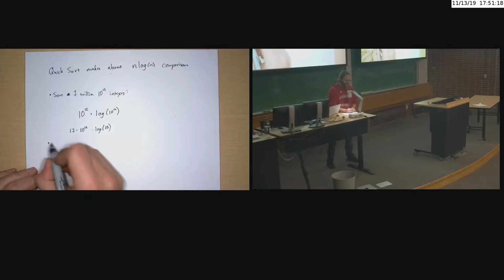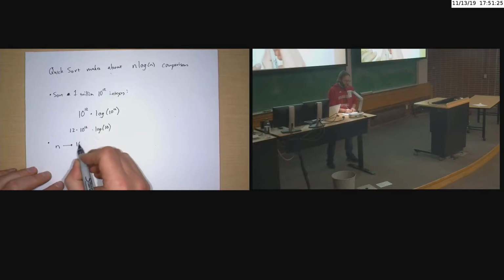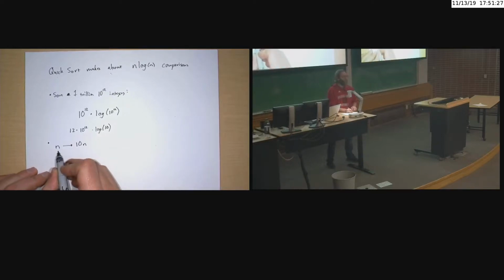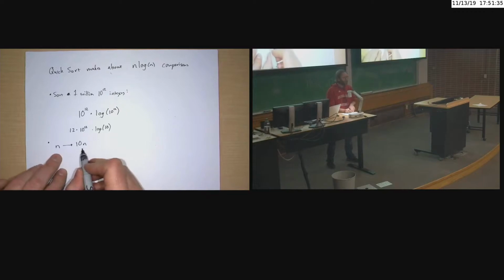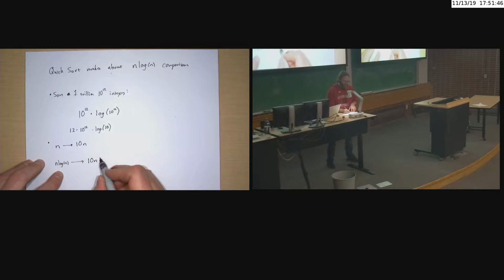But before we do that, suppose we look at it from the same perspective as before: if I increase it 10-fold, if I have an array of size n, it'll take a certain amount of time. If I go from 1,000 up to 10,000, or from 1 million up to 10 million, a 10-fold increase in the size of the input, then n log n, what happens here? It goes to 10n log 10n.